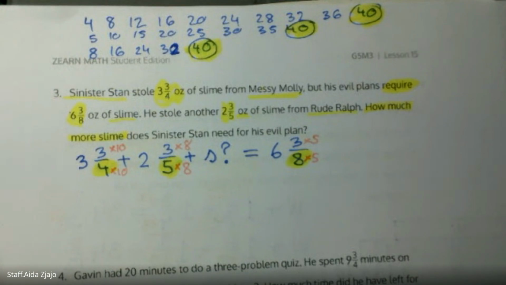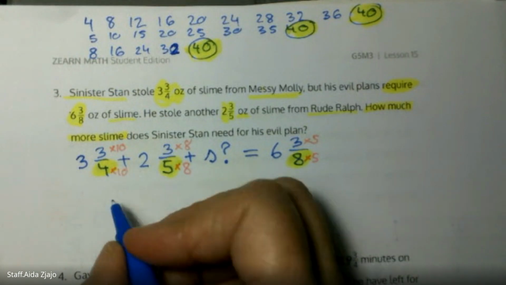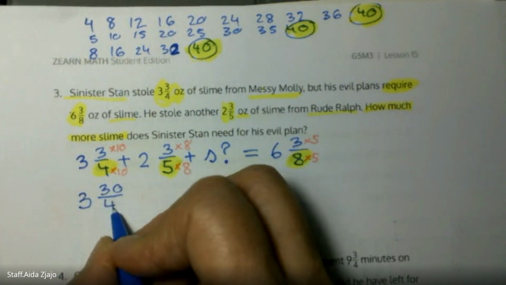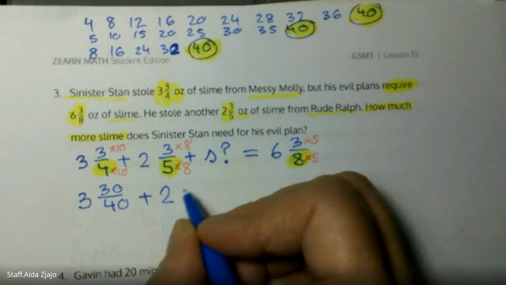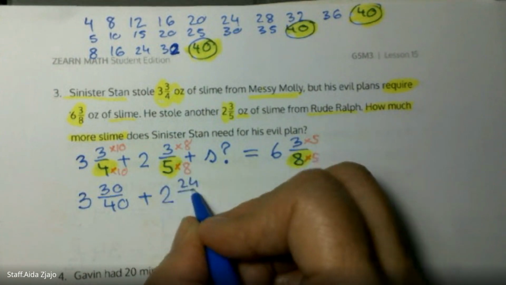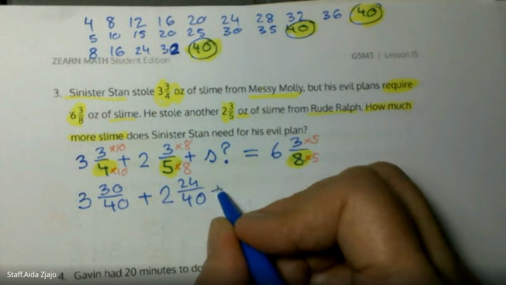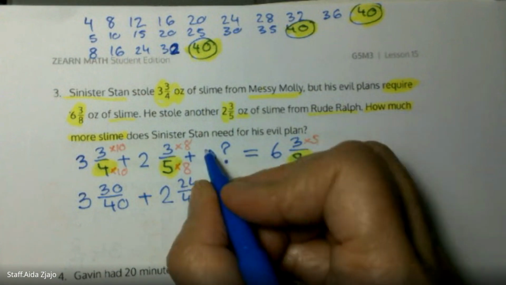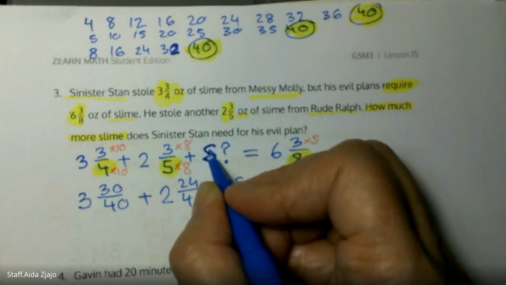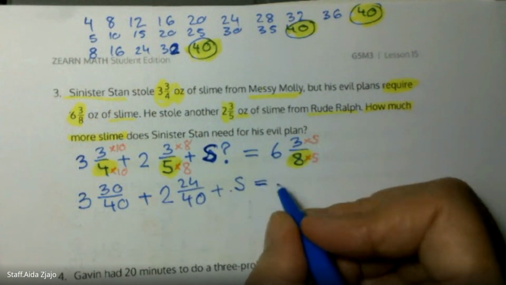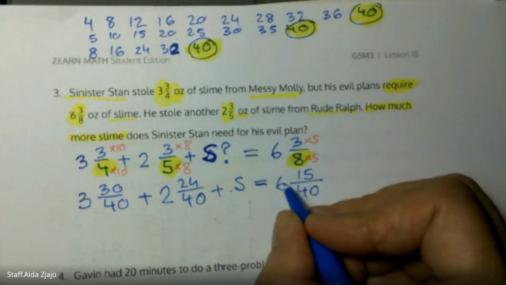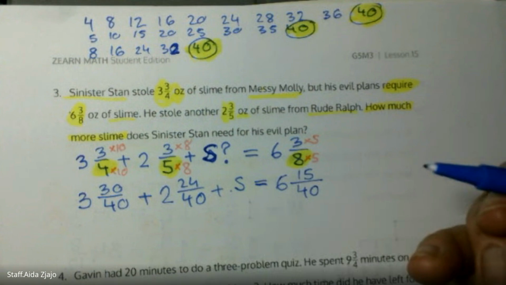So we will change the fraction pieces into 3 wholes and 30 40ths plus 2 wholes and 24 40ths plus S. We'll put S this way. S must equal 6 and 15 40ths.